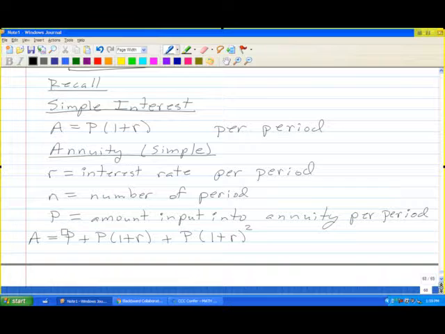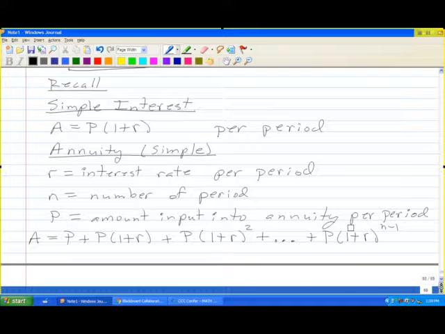Well, for the one that you only had for one period, it's P times 1 plus R to the first. For the one that you had in for two periods, it's P times 1 plus R to the 2. And you keep doing that up until the last one, which you have put in P for the very last time that you put in your amount.